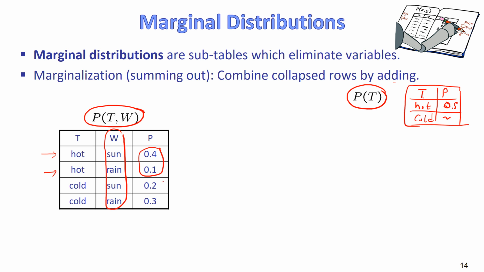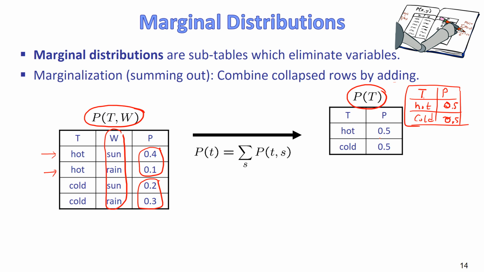So for cold, we will sum up these two values, so we will get also 0.5. So that's now what we call the marginal distribution. It is actually a probability distribution, but it is now called a marginal distribution because we got it from the joint distribution by marginalizing w.